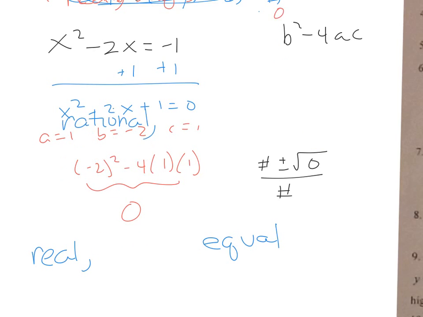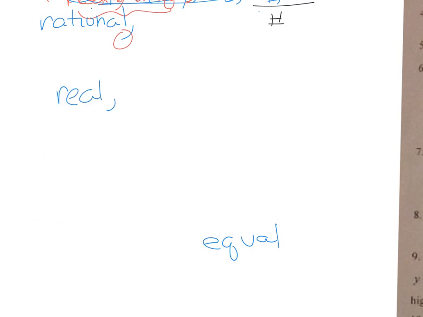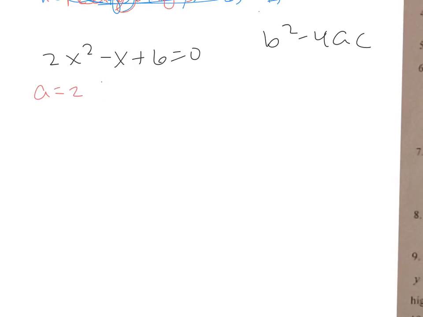All right, let's get rid of that. Okay, and the discriminant, b squared minus 4ac again. The next one is 2x squared minus x plus 6 is equal to 0. A is 2, b is negative 1, and c is 6.